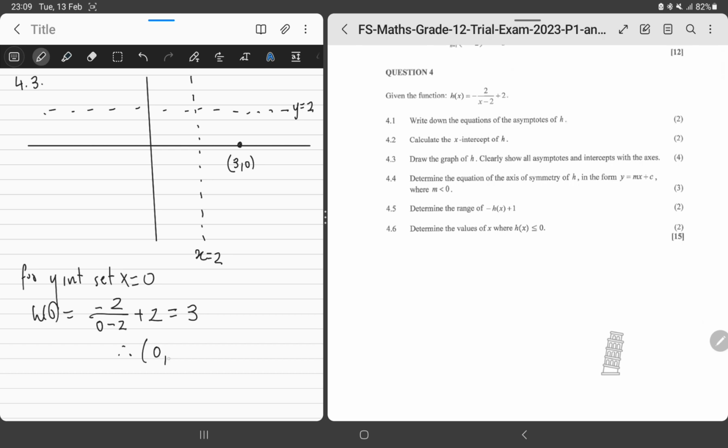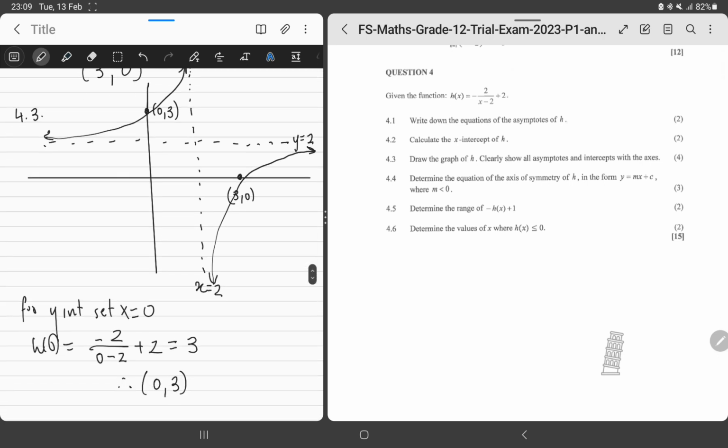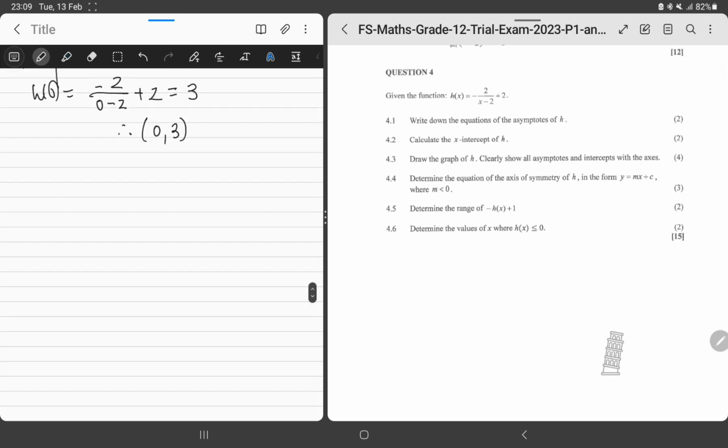Therefore, the y-intercept is (0, 3). My function is going to look like that. So it never touches the asymptote, but it gets very close.